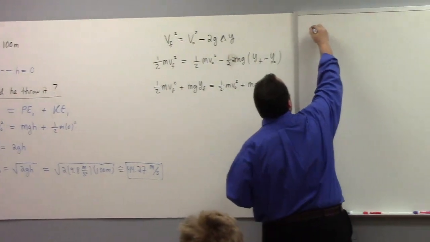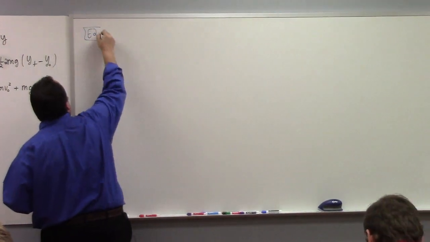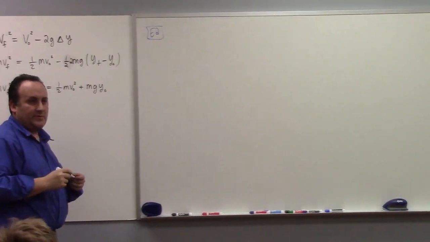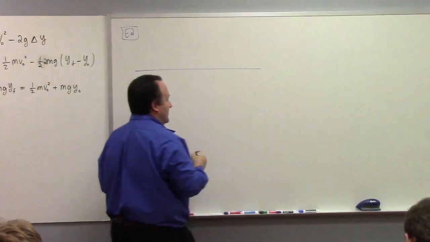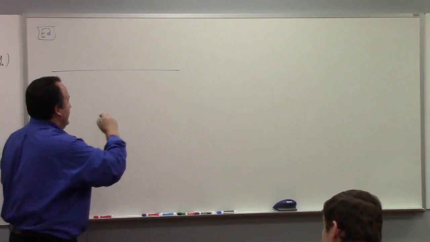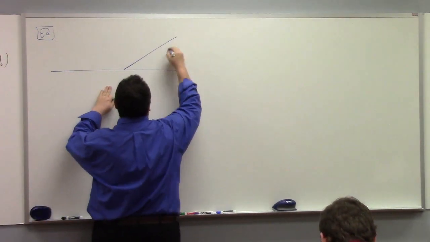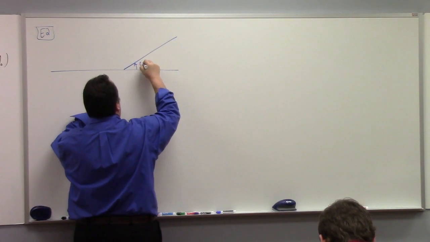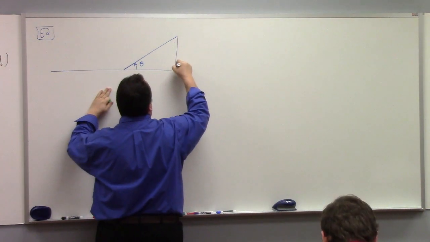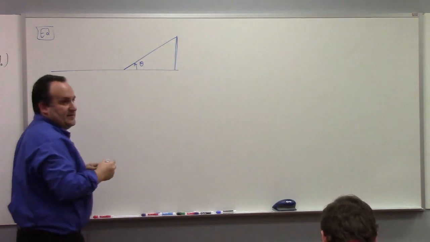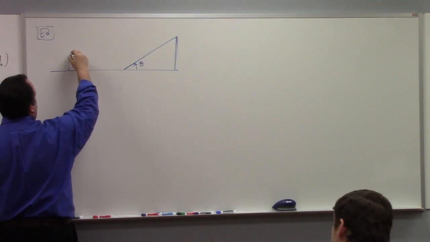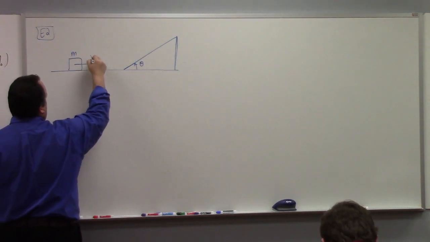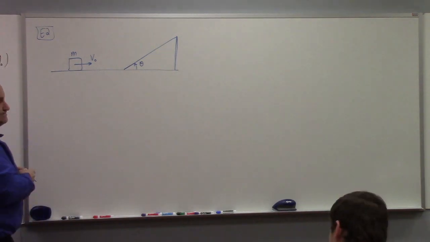Example 2. How about this? Suppose we have a frictionless plane, because what other kind would you want, right? And you've got an incline, like so, at angle theta. And suppose you give a box here, with mass m, a push at initial velocity v naught.